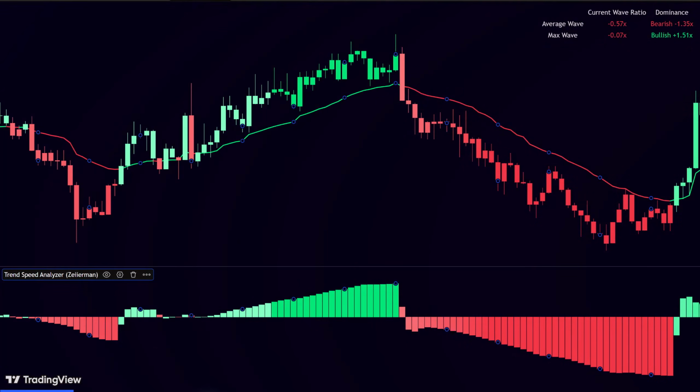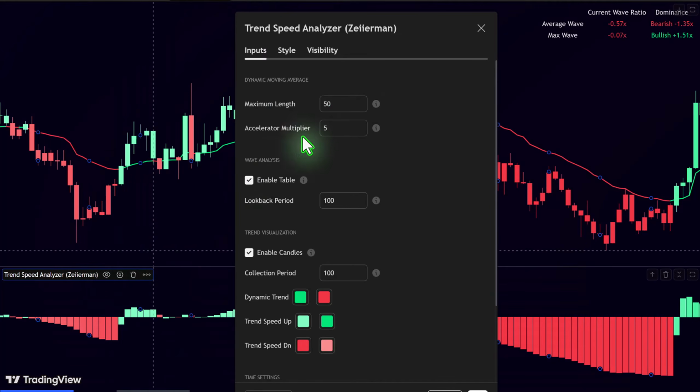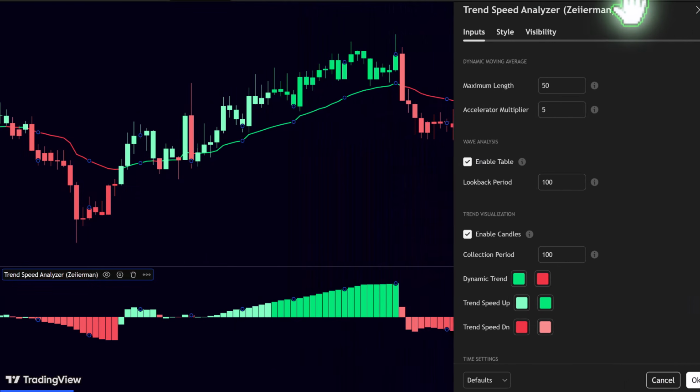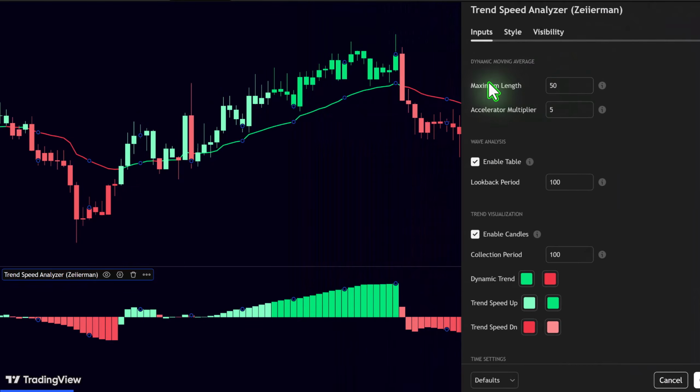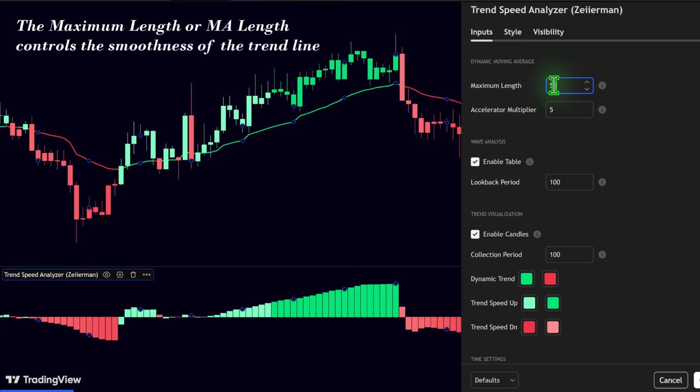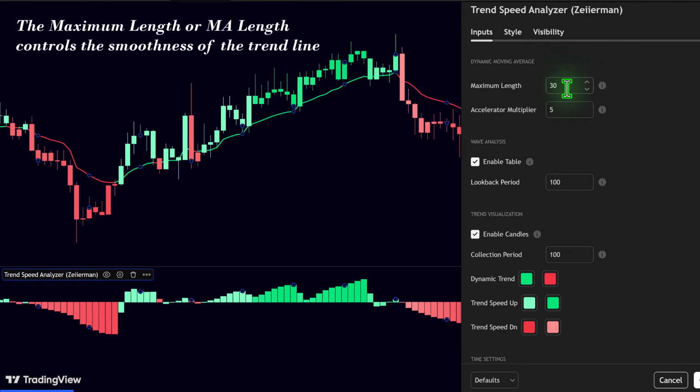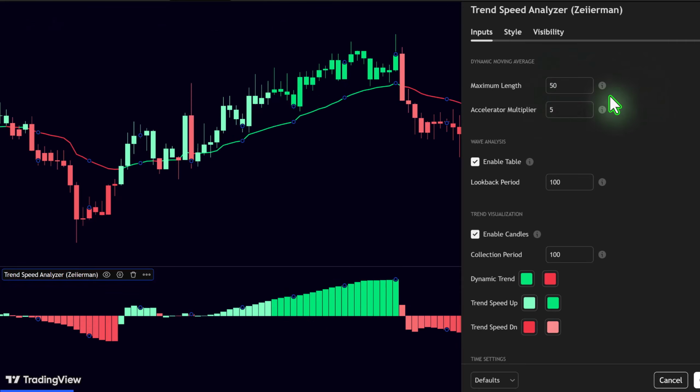You will double-click the indicator to open the configuration panel. Here on the Input tab, we have the maximum length, or MA length, which controls the smoothness of the trend line. The default setting of 30 is usually a good balance between responsiveness and noise. The accelerator multiplier adjusts how sensitive the trend line is to price changes.